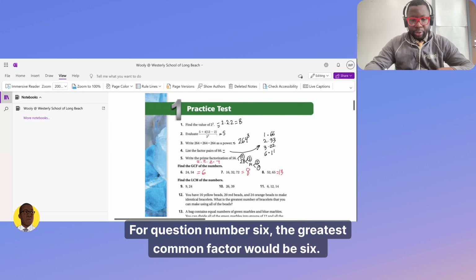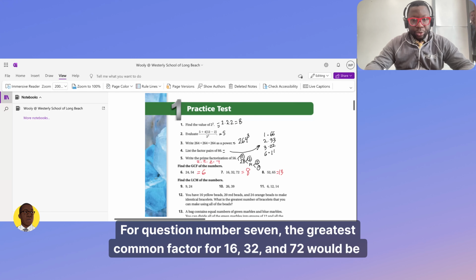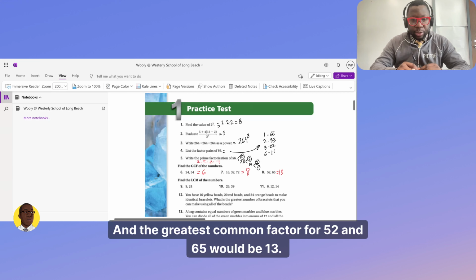For question number 6, the greatest common factor would be 6. For question number 7, the greatest common factor for 16, 32, and 72 would be 8. And the greatest common factor for 52 and 65 would be 13.